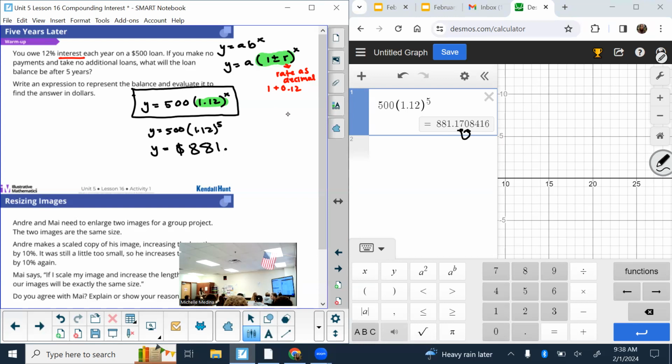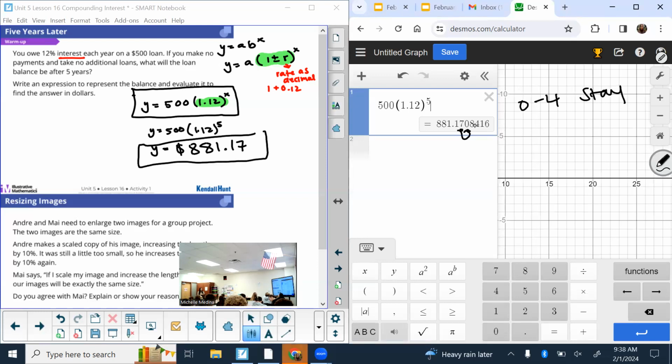So wherever you do need to round to, underline it, look to the right of it, that'll tell you if where you underline stays the same or you round up. If it's 0 to 4, the number you underline stays the same. If it's 5 to 9, you round up. On the last quiz, there were some rounding issues.